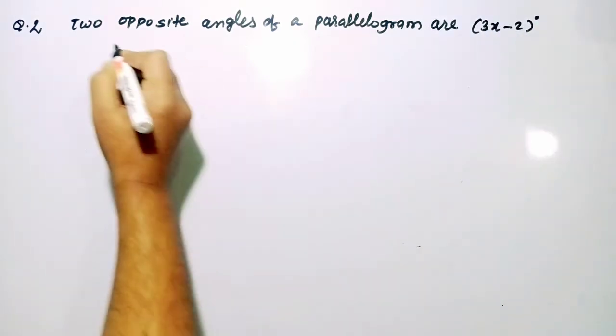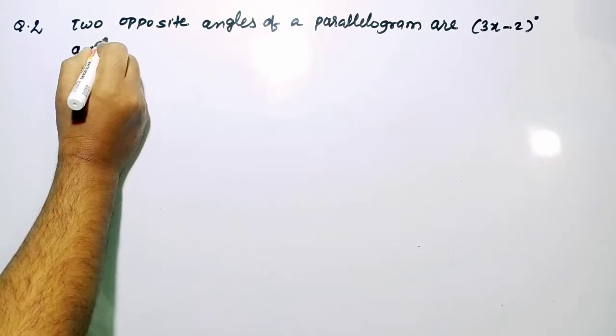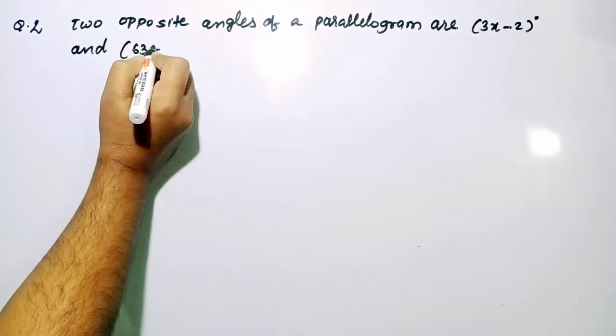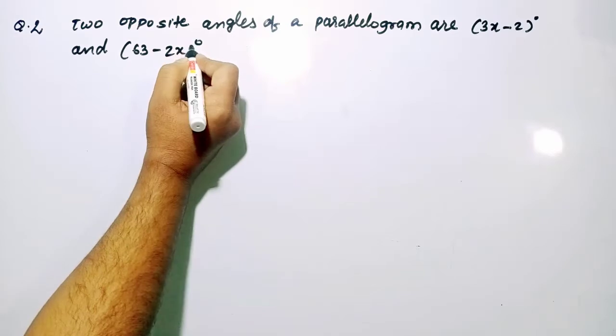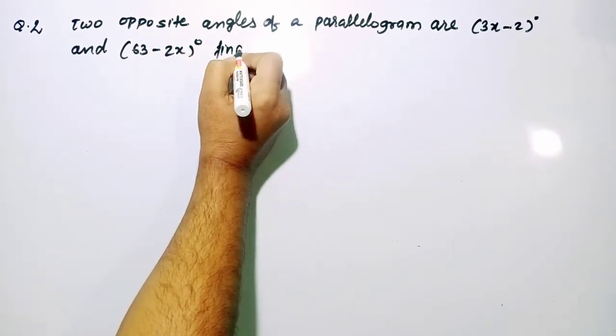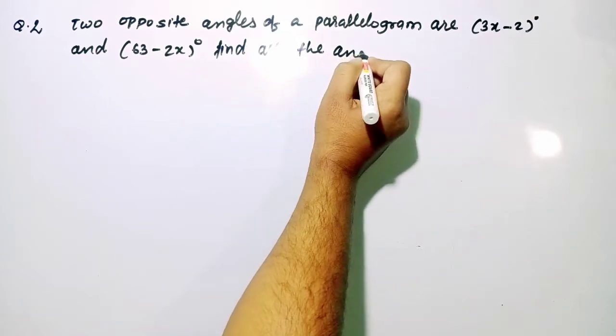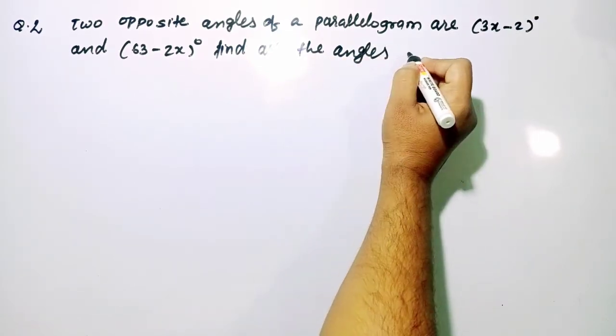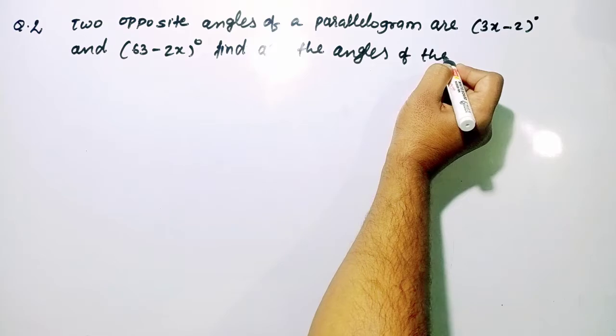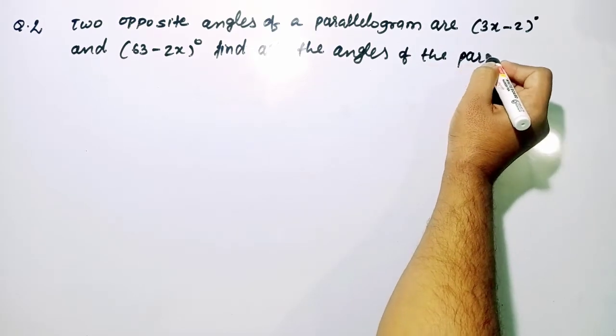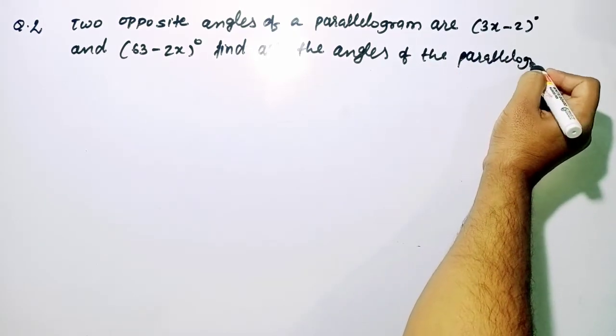The angles are 3x minus 2 degree and 63 minus 2x degree. Find all the angles and the value of x.